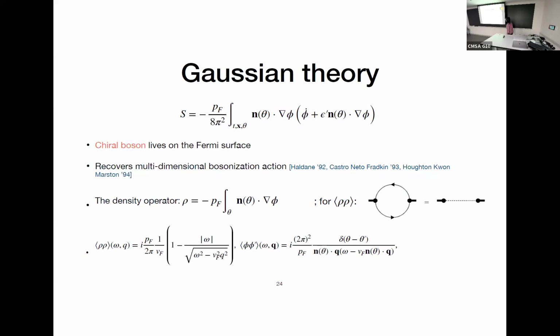And also the density operator and the 2-point correlation function will just match all the previous results. And because it's a patch theory, nearby bosons don't actually talk to each other. So we know that there are chiral bosons based on Fermi surfaces in this Gaussian theory.